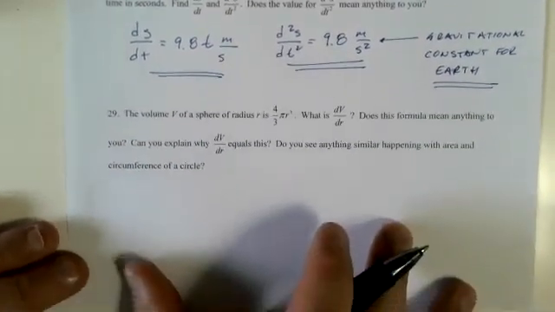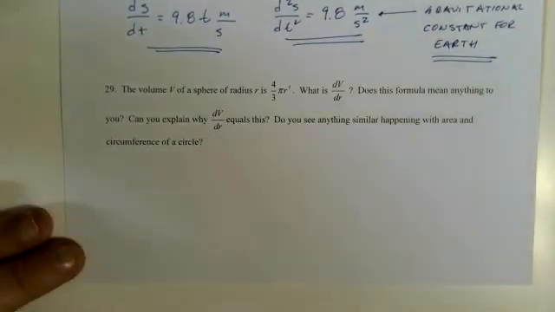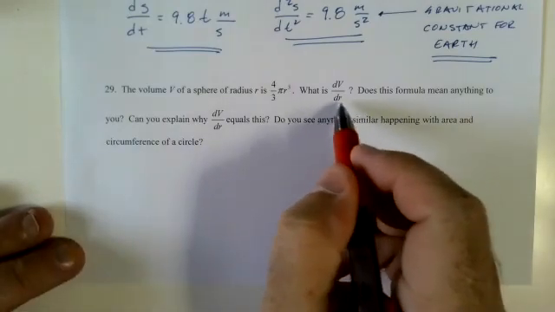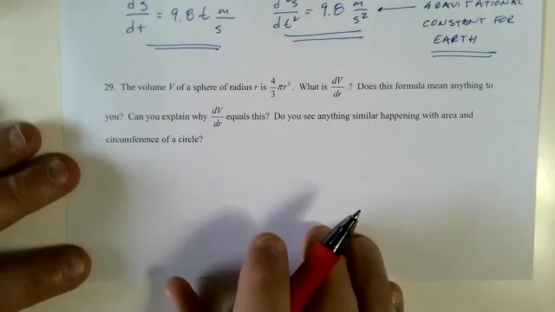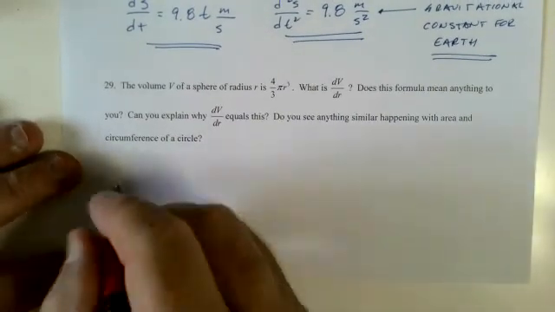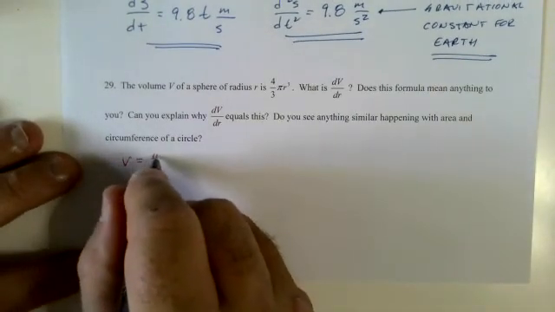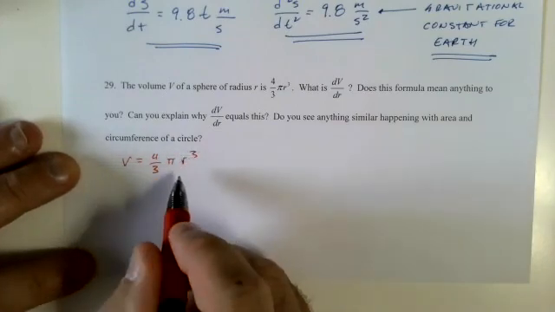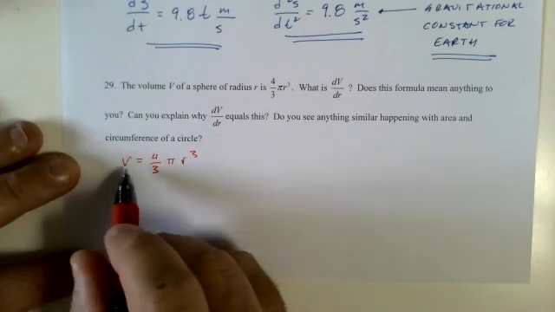Coming to a math lesson near you in the near future. Volume of a sphere, what is dV/dr? Now this is where people freak, because oh my lord, there's a variable in there. Whatever shall we do? So V equals 4/3 pi r cubed. Is r a variable? Yeah. Bigger, smaller, bigger, smaller.